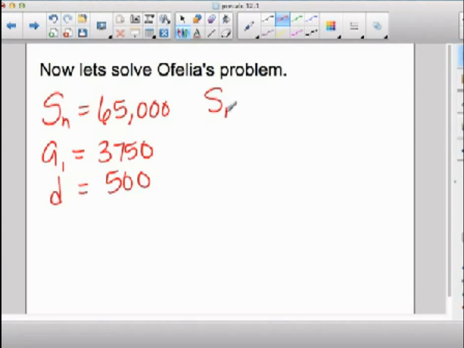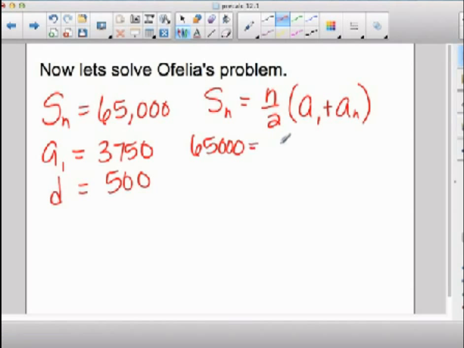So our S sub n is equal to n over 2 times a sub 1 plus a sub n. We have to find our a sub n. We're looking for how many houses she'd have to sell to make 65,000. So we have 65,000 is equal to n over 2 times the first house. And now we have to find the last house.